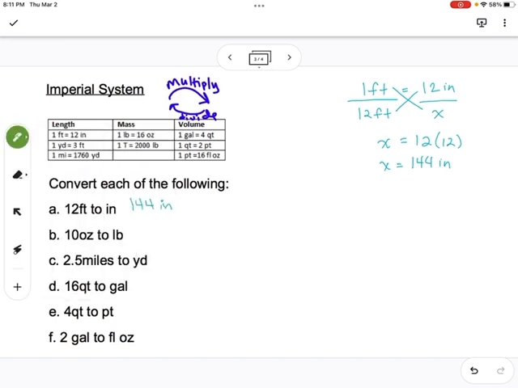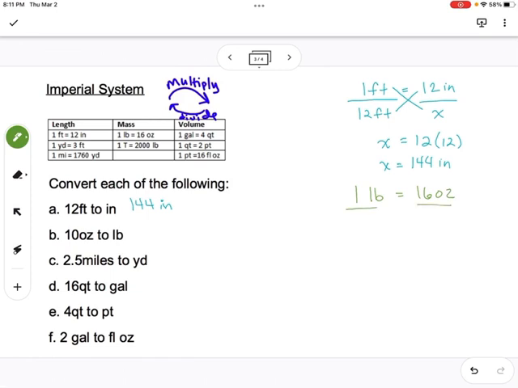Okay, setting up the next one, 10 ounces to pounds. So we have 1 pound is equal to 16 ounces. So 1 pound equals 16 ounces.